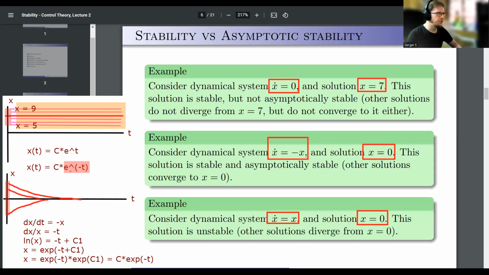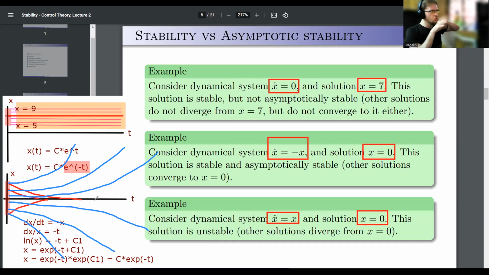I will draw them in blue. They will behave like this. That's how solutions are going to behave. So they're going to go in all directions. None of them are going to stay inside any kind of region. We cannot find any orange region that will contain all of those solutions because they go to infinity.